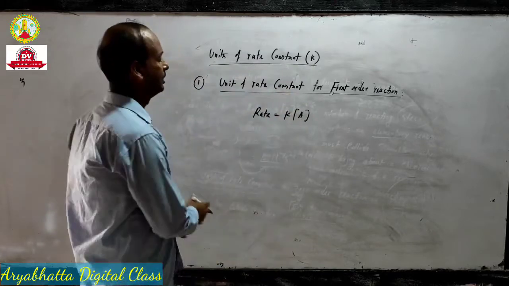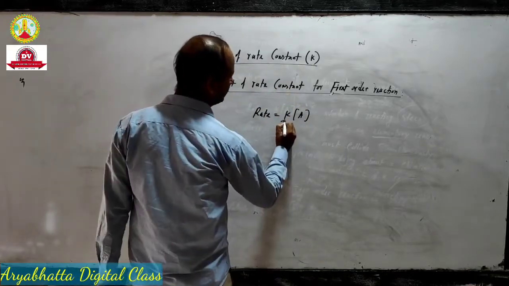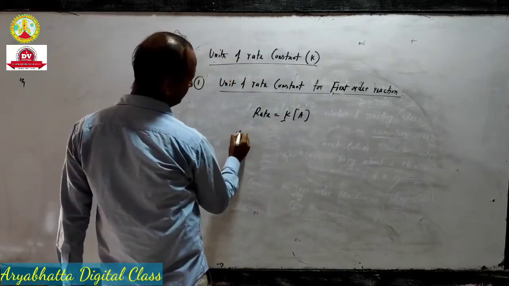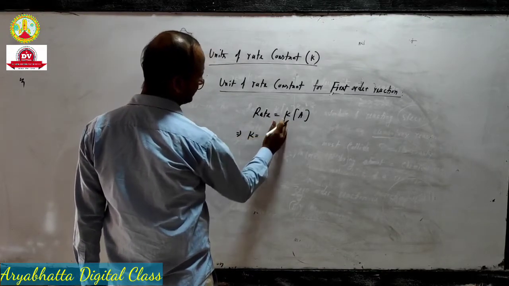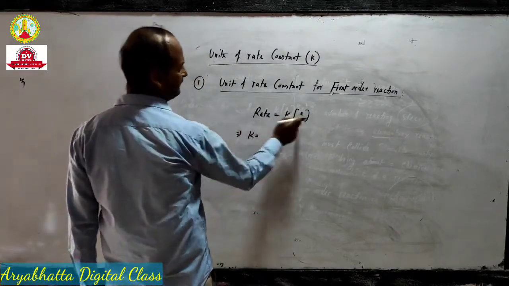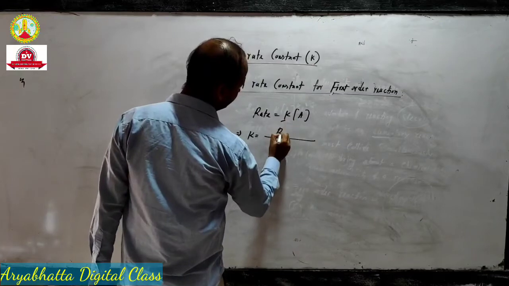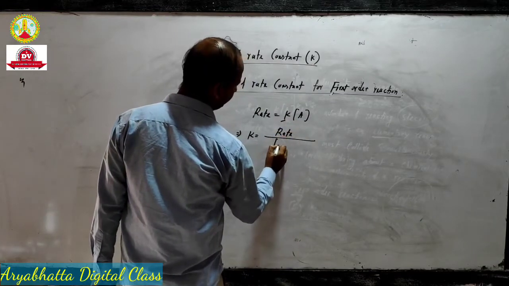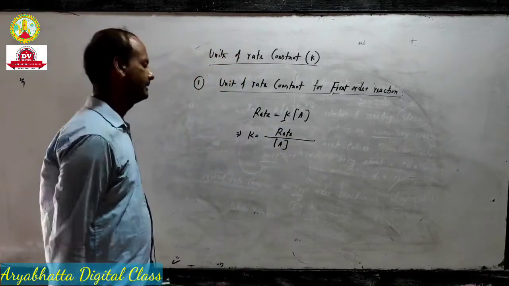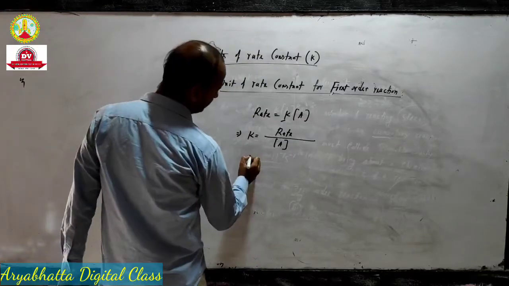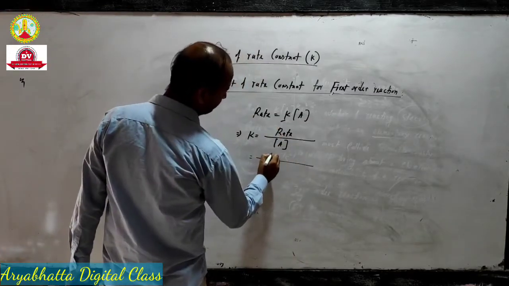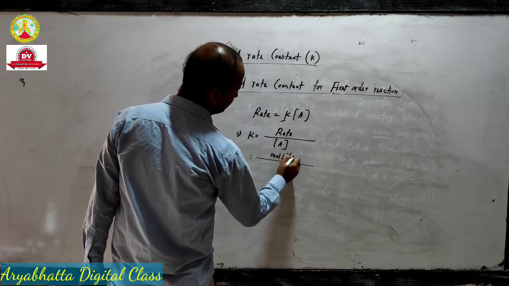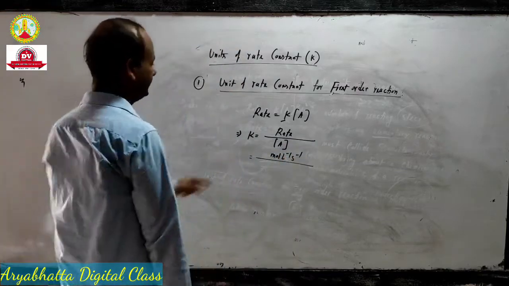Now देखो, what is the unit of rate constant for first order reaction? From this, K will be how much? यहाँ से देखो, K कितना होगा? Rate by A. Clear? Okay ना. After this, just put the value of rate का unit, put कर लो mol L inverse second inverse.